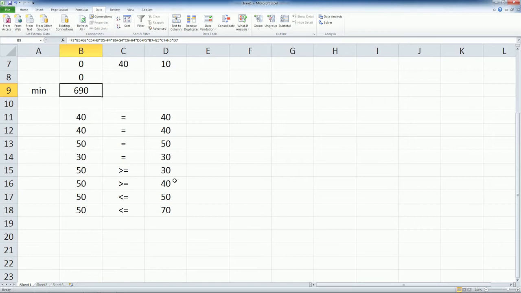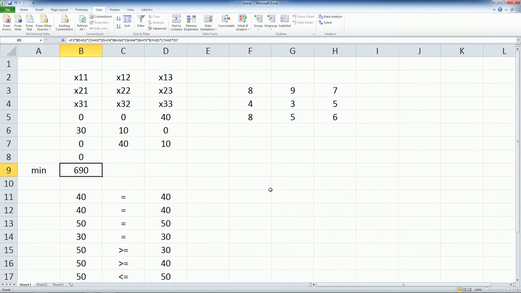The third person will get a minimum of 40 which is shown as a greater than or equal to constraint and a maximum of 70 which is shown as a less than or equal to constraint. So, there are 3 supply constraints, there are 5 demand constraints, 1 for the first demand, 2 each for the second and third demand. So, there are 8 constraints here. So, the problem has 9 variables and 8 constraints.